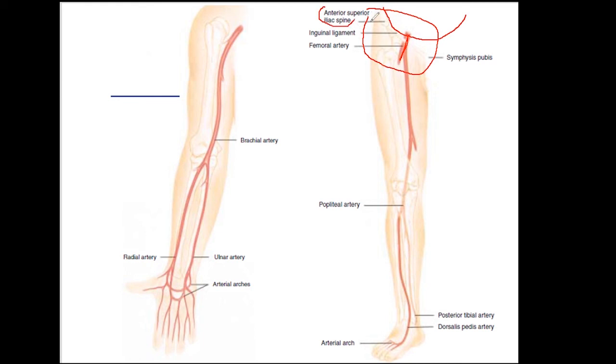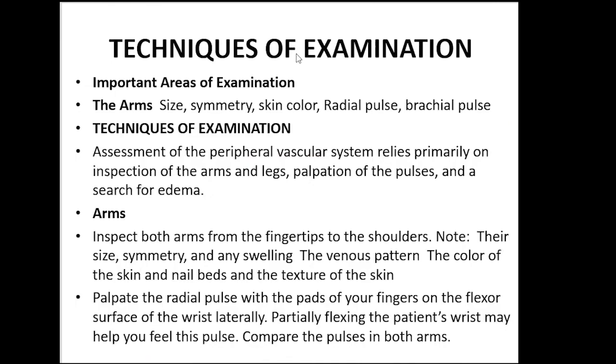Yeah, the ASIS, that's the bump here. And that's the femoral pulse, just at the beginning part of the leg. If you put your finger there, you will feel the pulse. So that's what we call the femoral pulse. We can feel it. So remember the location here. Then we get to the next bigger pulse.